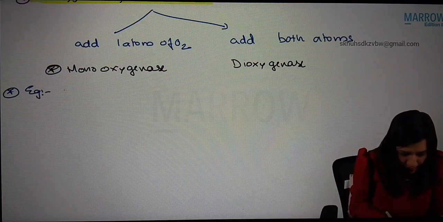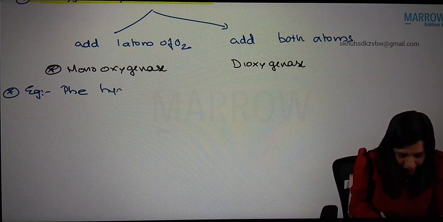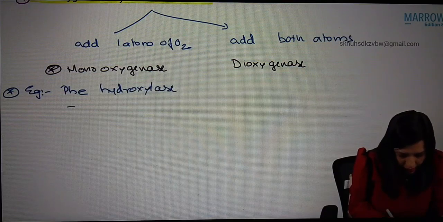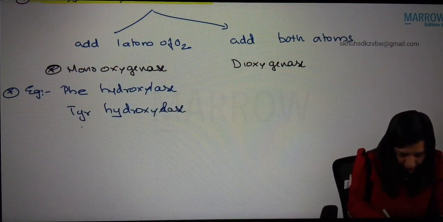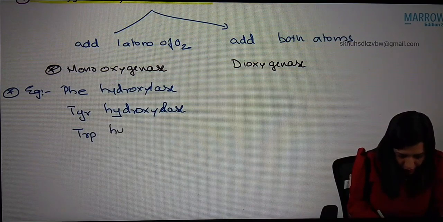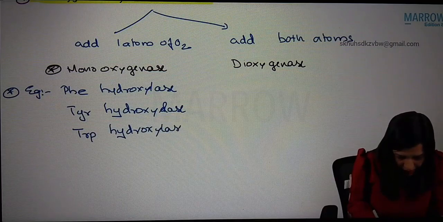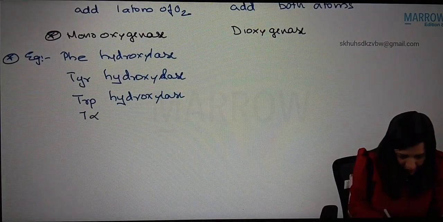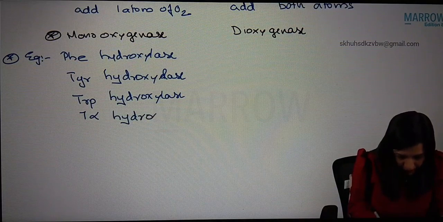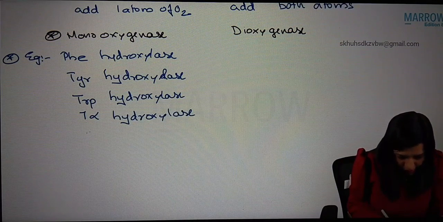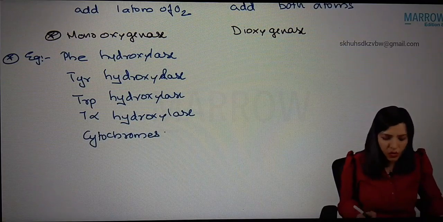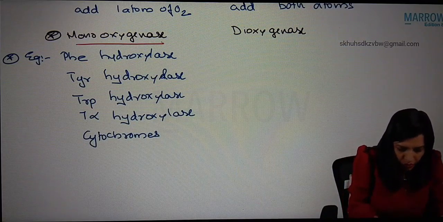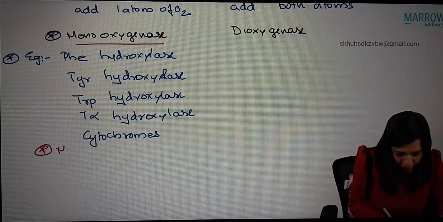Examples of monooxygenases: phenylalanine hydroxylase, tyrosine hydroxylase, tryptophan hydroxylase, and 7-alpha hydroxylase, and most of the cytochromes are monooxygenases. Another name for monooxygenase is mixed function oxidase.